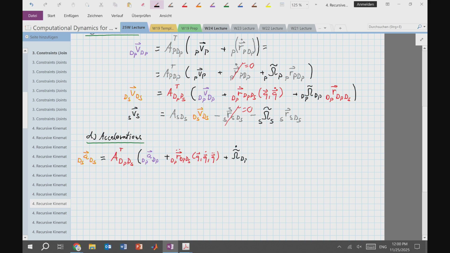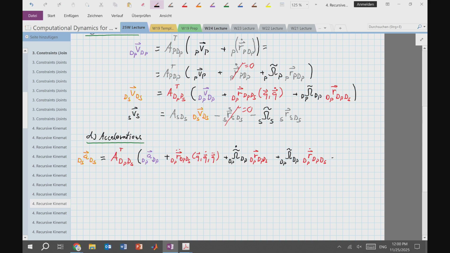Then I have the second two terms where I get the product rule. So omega tilde dot dp in dp coordinates times r dp ds in dp coordinates, plus omega dp tilde in dp coordinates times r dp ds dot. Again, this is expressed in dp coordinates. So this is the numerical derivative of what we had here.